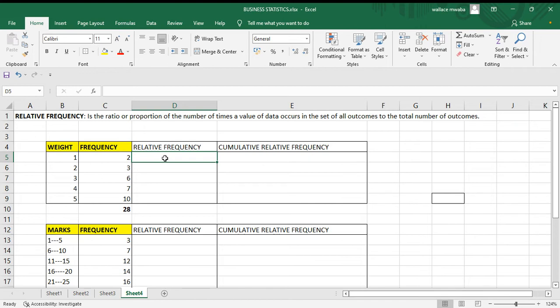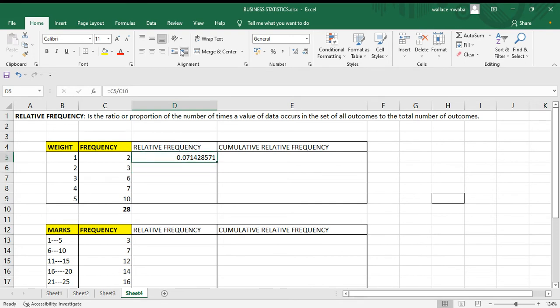We're going to say 2 divided by 28, that's 0.071428571.